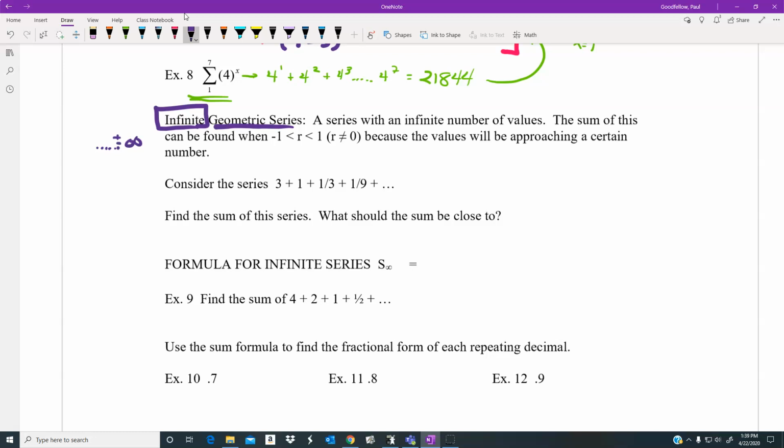But there's a caveat here. If the series has an infinite number of values, but its common ratio is between 1 and -1, meaning that it's a fraction of some sort, it's being divided, so it's not going to divide to negative infinity. It is going to converge.